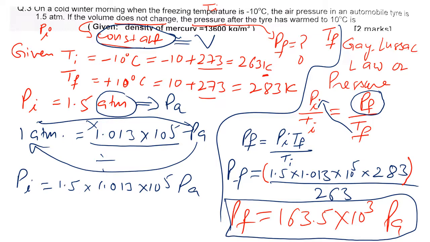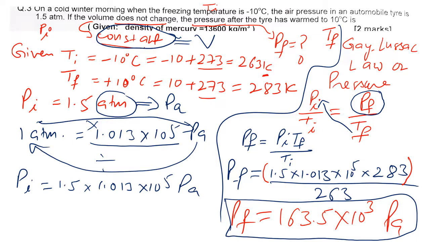If the volume does not change, it means this volume is constant. The pressure after the tire has warmed, means heated to 10 degrees centigrade. So this temperature is also given. This is the initial temperature, here it is the final temperature, and here this is the initial pressure.